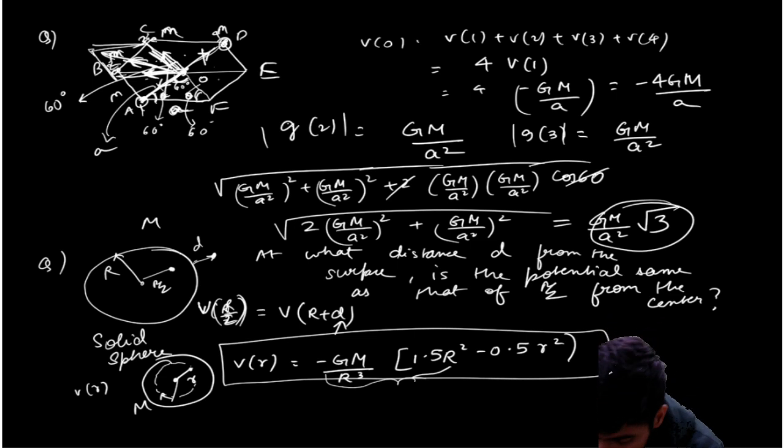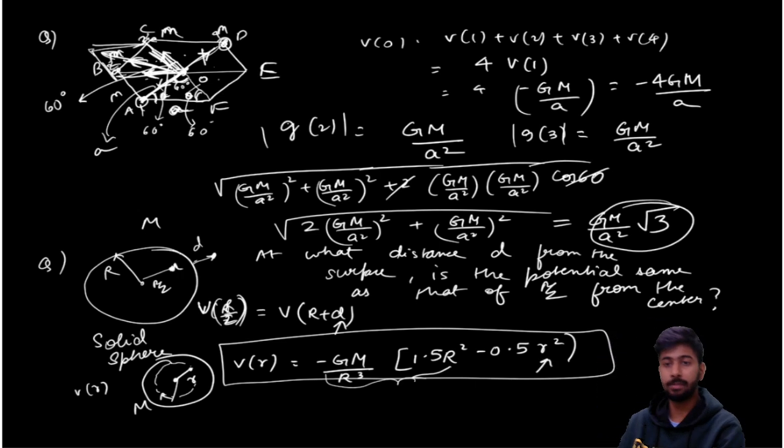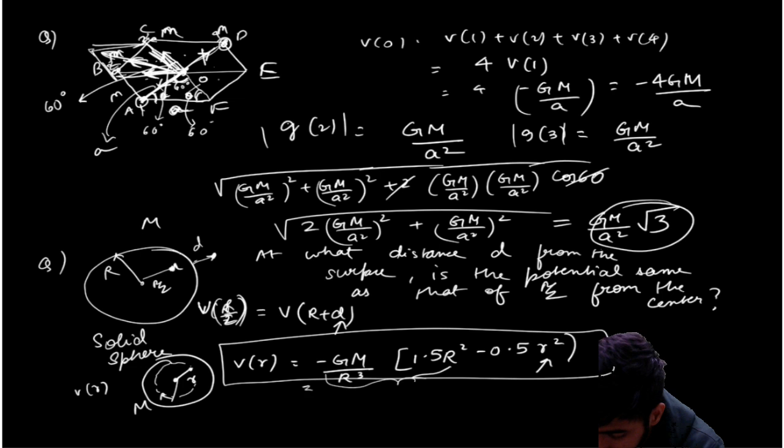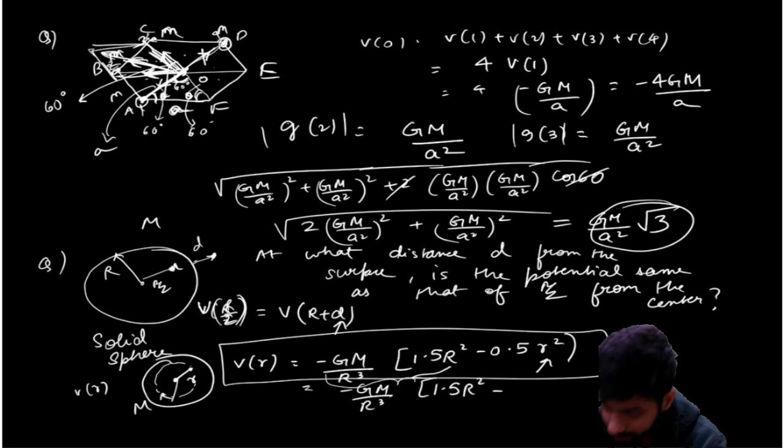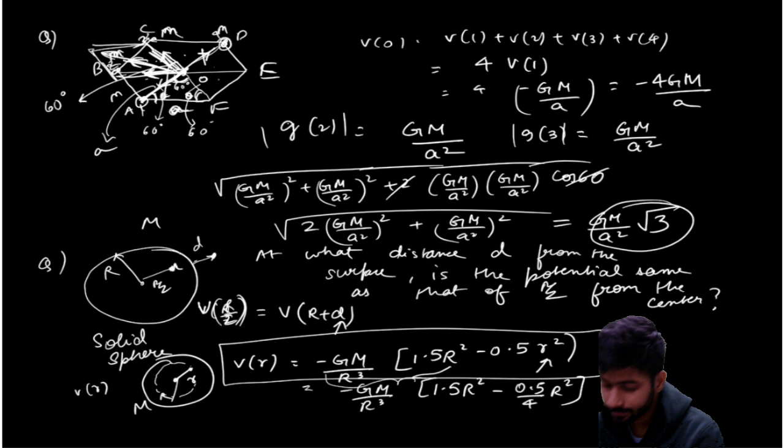So at a distance r is equal to capital R by 2, I just need to put capital R by 2 in this formula, right? So that will give me minus GM by R cube into 1.5 R square minus 0.5 by 4 into R square, right?